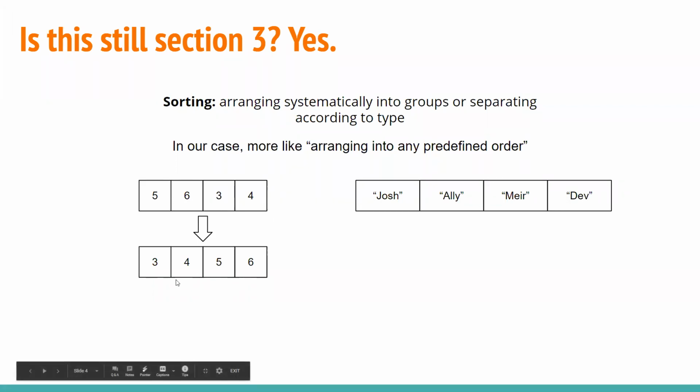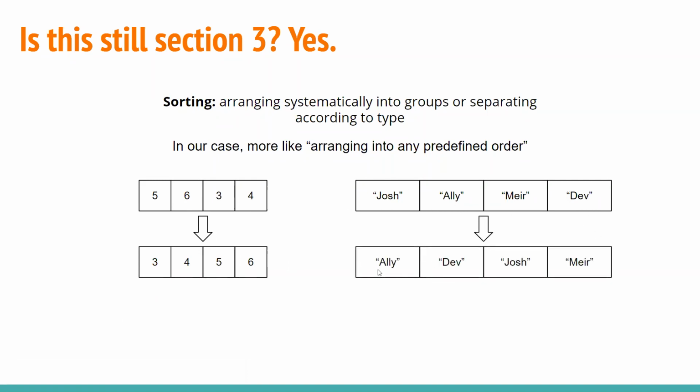So arrange it in ascending order. I could also arrange it in descending order, right? 6, 5, 4, 3. I could do whatever I want, but the point is I'm arranging it into a predefined order. Likewise, if I have this array of strings, I could arrange the strings into alphabetical order, in reverse or forwards.